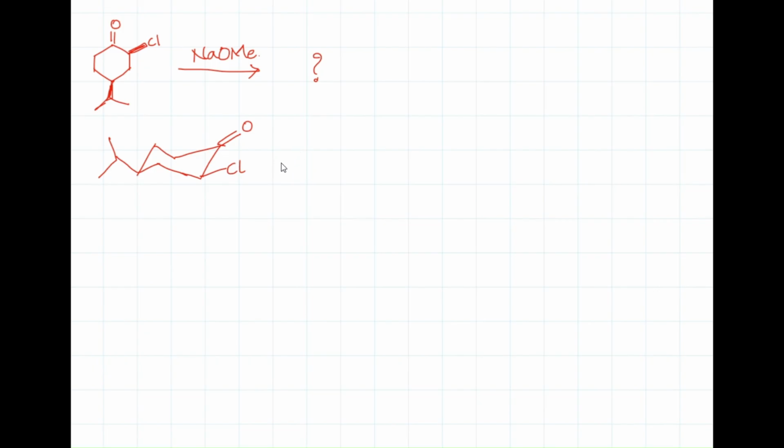Now NaOMe, it is a base. Here also in the axial position and in the equatorial position, one hydrogen is there. Below the plane in the axial position, one hydrogen is there, right? It will abstract one hydrogen, and it will form Cl minus and an sp2 hybridized carbon, right?